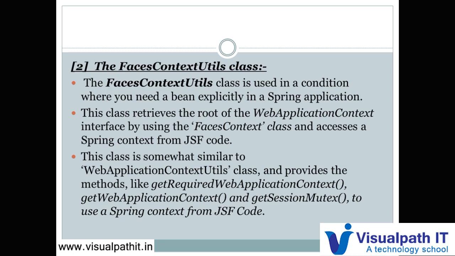We can imagine this as somewhat similar to the WebApplicationContextUtils class. It has three methods, if we can remember: getRequiredWebApplicationContext, getWebApplicationContext, and getSessionMutex. They are used to use the Spring context from that particular JSF code.